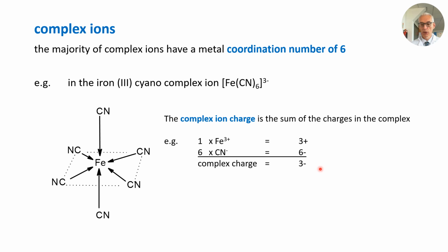The overall charge on the complex is 3-, and that's written as a superscript to the right of the bracket. We also generally include the charge, as far as A-level exams are concerned, it's highly advisable to do so on any displayed diagram.